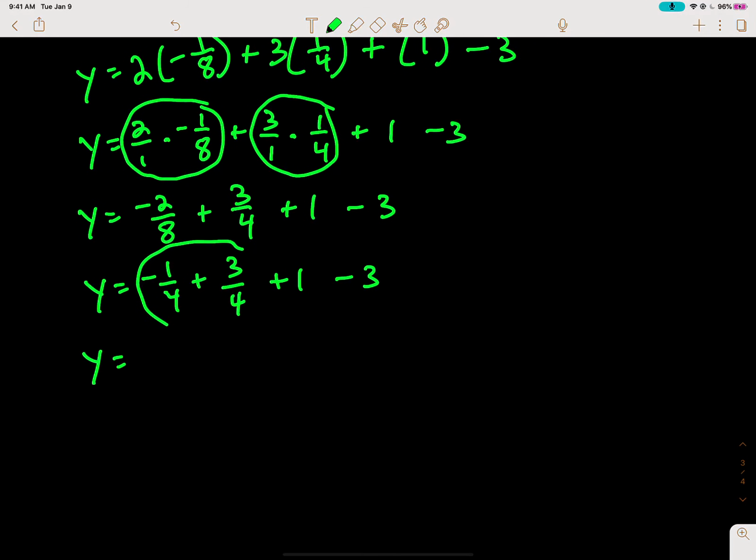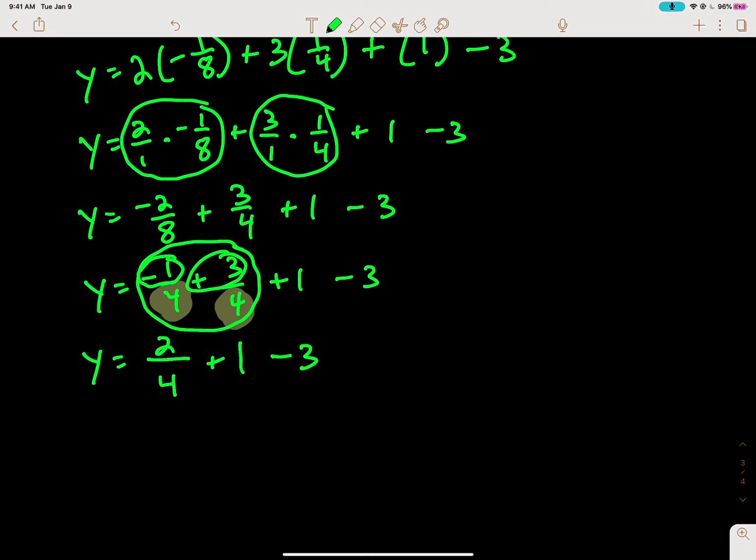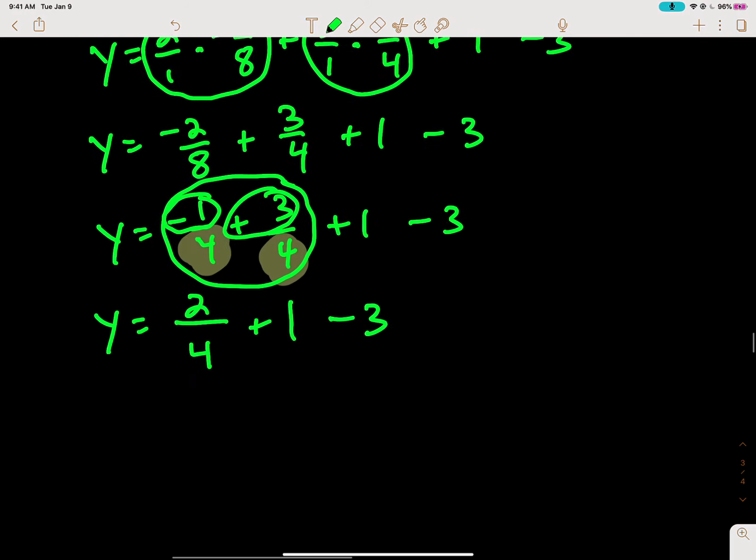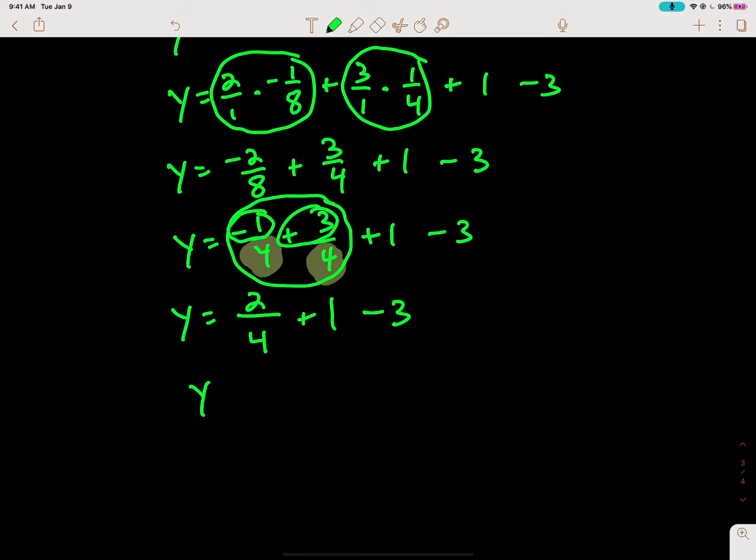Now I can add these together. Remember, when I add fractions, if they have the same denominator, that's great. These do. So I keep that same denominator in my answer, and then I just add the numerators. -1 plus 3 gives me 2. Plus 1 minus 3. So then I get, that reduces to 1/2.